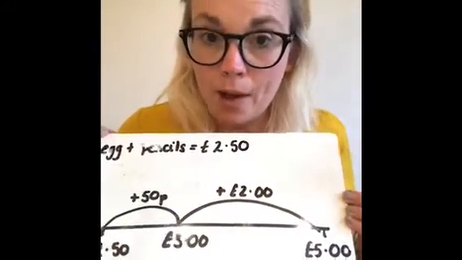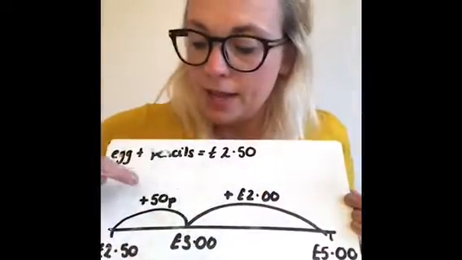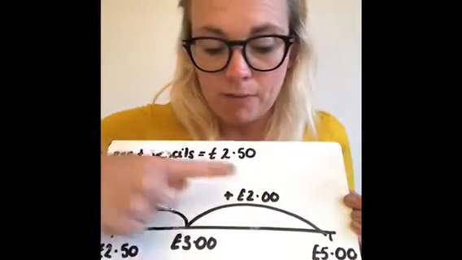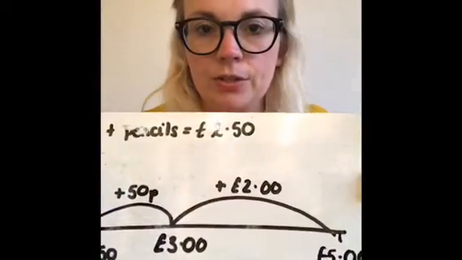So to work out how much change I need to give altogether, it's just the difference between these two amounts. Add your jumps together, 50 pence and £2, and that equals £2.50. Okay, let's write that underneath. And that's showing you how you can calculate change.